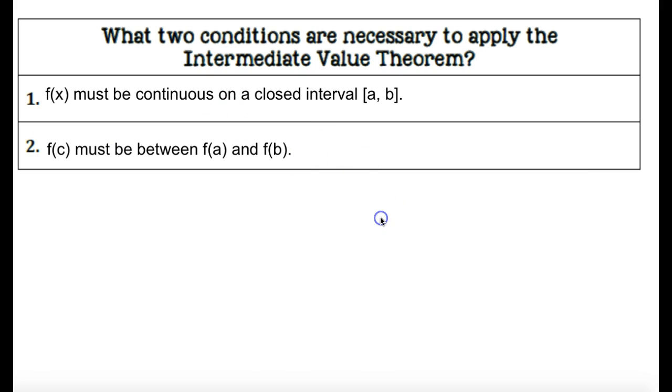All right, so we have to have a continuous function on a closed interval, and the y value that we're looking for must be between the y values of our endpoints. Okay, that's how we're going to use the intermediate value theorem. Okay, so let's take a look at a few examples here together.